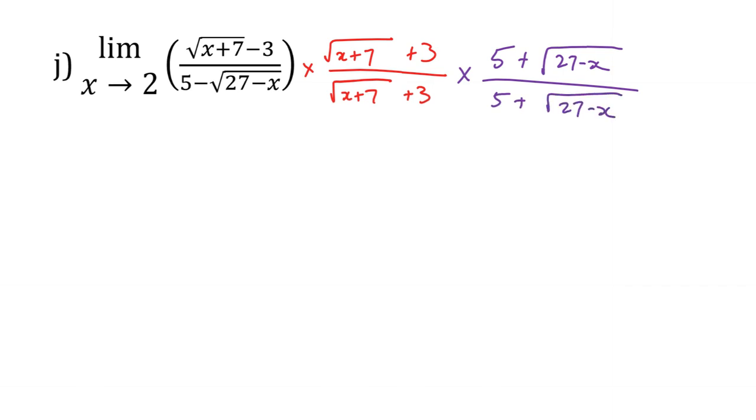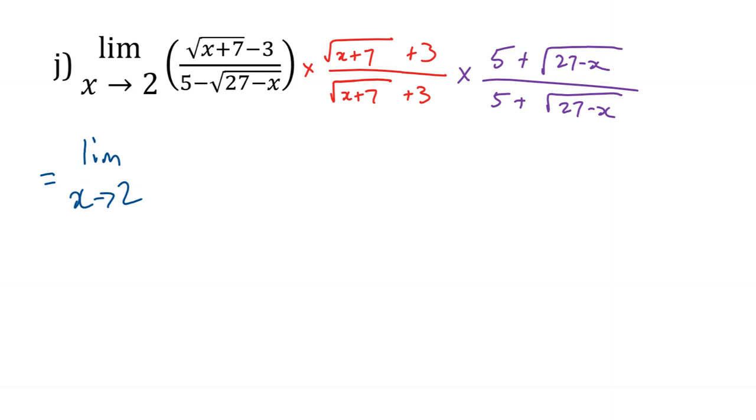Okay, and there you go. And I'm going to do them both at the same time. If you want to do them one at a time, that's totally fine. But once you get the hang of what a conjugate does, it's not too bad to do them both at once. I'll try to walk us through both of them happening at the same time.